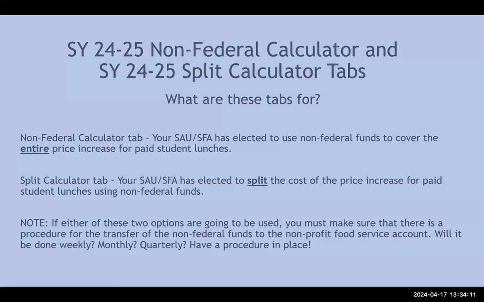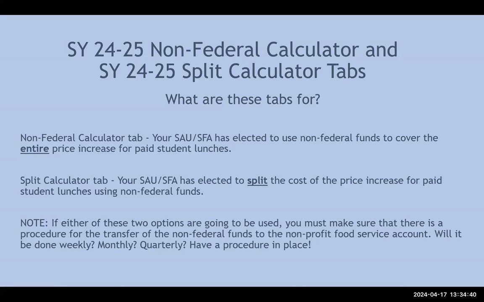Well, the non-federal calculator tab is when your SAU or SFA has elected to use non-federal funds to cover the entire price increase for paid student lunches. The split calculator tab is when your SAU or SFA has elected to split the cost of the price increase for paid student lunches using non-federal funds.